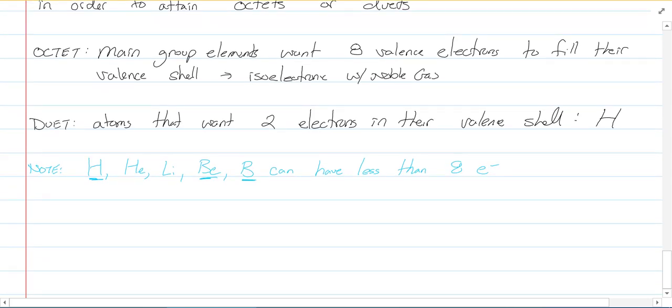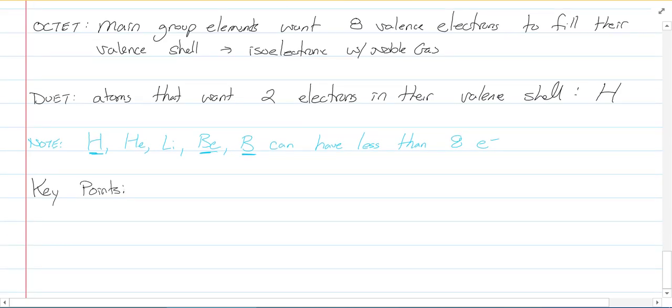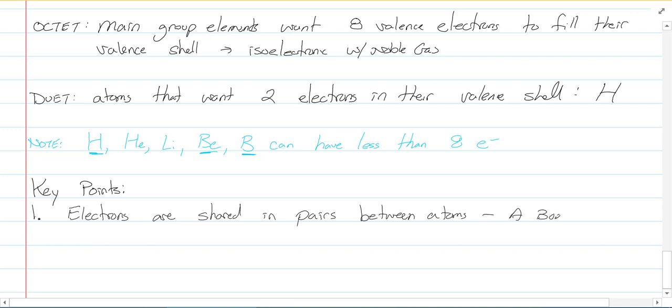So let's talk about some key points. One, electrons are shared in pairs between atoms, and that's a bond. We do 2 electron bonds. All our bonds are 2 electron bonds.